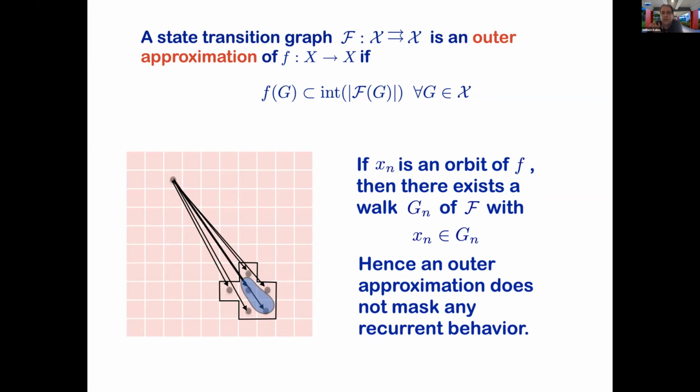Then in this situation, whenever you have an orbit in your underlying system, you have to have a walk through your graph that contains that orbit, right? And so you're not losing any recurrent behavior. So anytime your dynamical system would have a periodic orbit or some other recurrent dynamics, then you are going to find in your graph some sort of cycle.